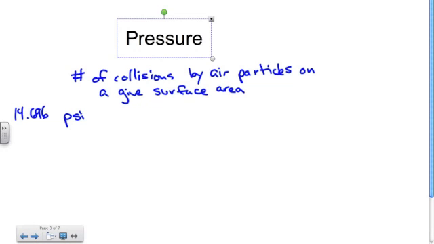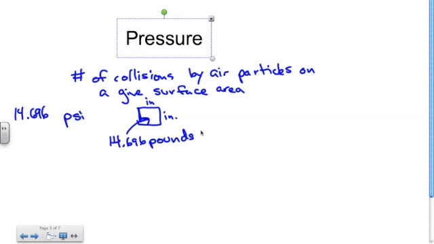That means if we had a thing that was the size of a square inch, 1 inch all around, the force that is hitting that square inch is 14.696 pounds. So this is atmospheric pressure. Right now, if you think about it, your entire body surface is being hit by 14.696 pounds per square inch. We don't feel it because we're used to it.